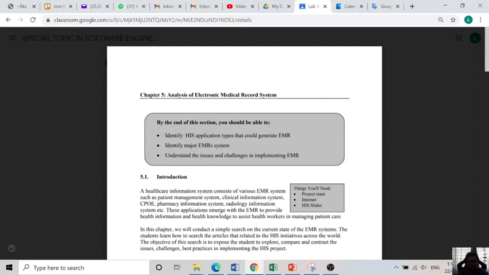And thirdly, after you do some research on articles regarding electronic medical systems across the world, by reading the articles or journals, we expect you could understand the issues and challenges in implementing the EMR.